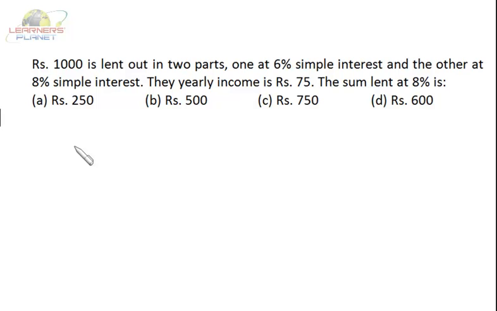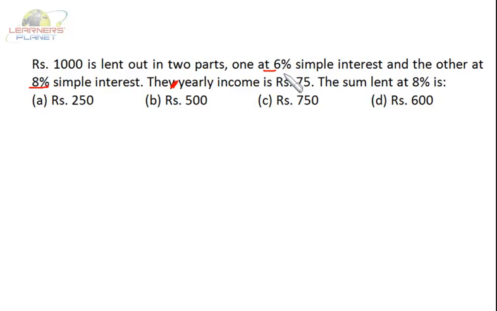Now you try this problem and match your solution and answer with mine. Rupees 1000 is lent out in two parts, one at 6% and the other at 8%. The yearly income is rupees 75. The sum lent at 8% is? Now let's assume the entire rupees 1000 is lent out at 6%.